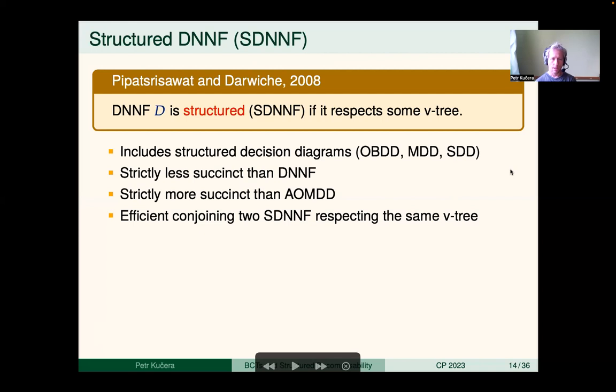They are strictly less succinct than DNNFs, which means that there are some functions that can be represented with a small DNNF, but not with a small structured DNNF. It might also be of interest that they are strictly more succinct than, on the other hand, OBDDs or MDDs. And because they have this structure, they also allow, for example, efficient conjoining of two SDNNFs respecting the same V-tree.